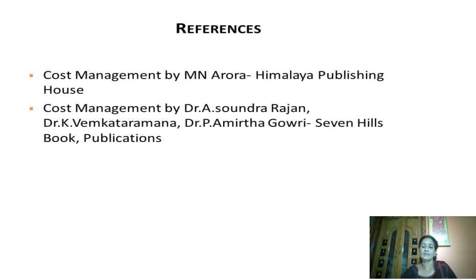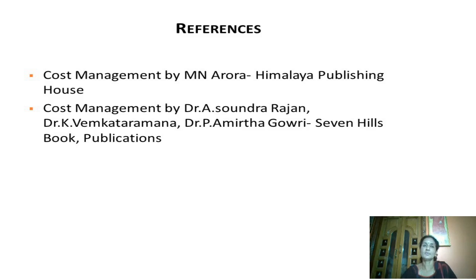So till now we have discussed variable and fixed manufacturing overhead. What is variable manufacturing overhead and fixed manufacturing overhead? And there it is mentioned as manufacturing. Why it is mentioned as manufacturing is that whatever is related to production, whatever is related to the manufacturing process, will be treated as variable manufacturing overhead and fixed.